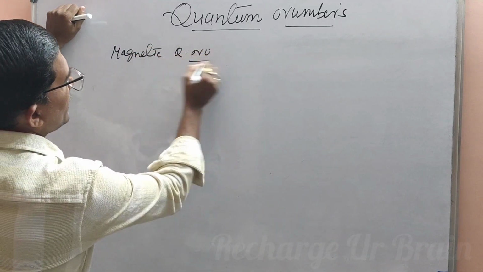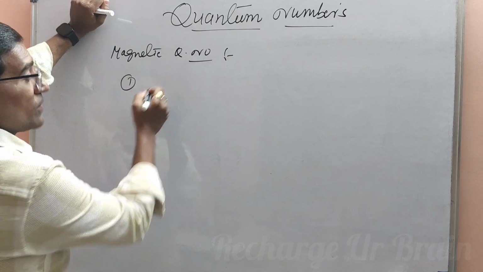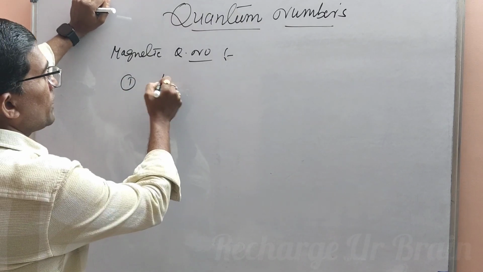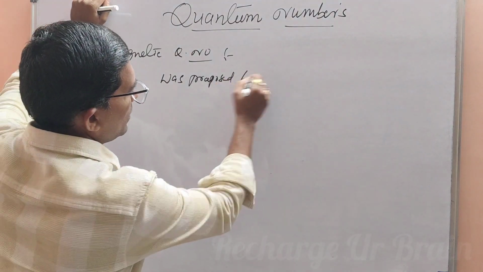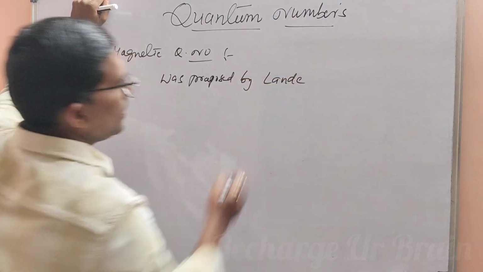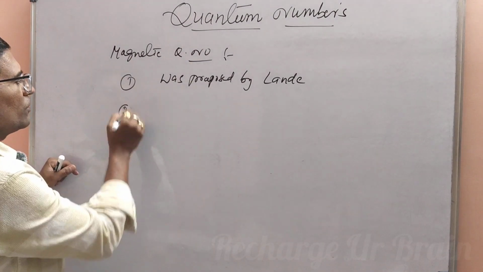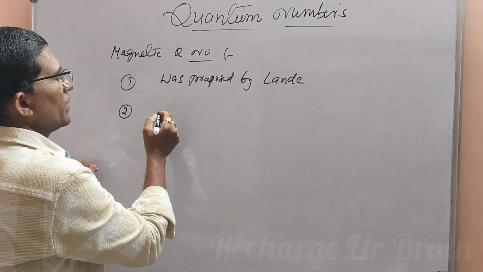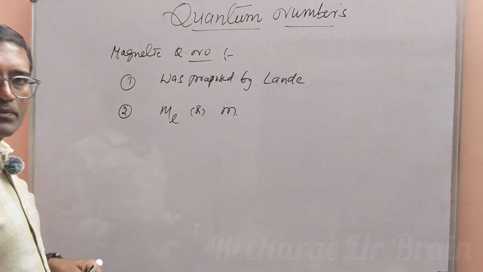Magnetic quantum number was proposed by Lande. Lande proposed this quantum number. It is denoted or represented by ml or simply m.